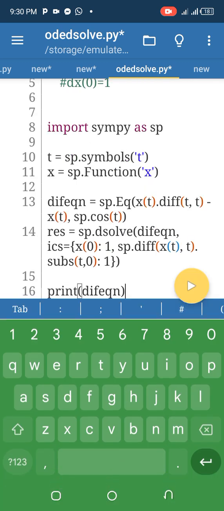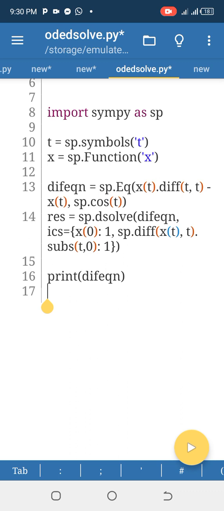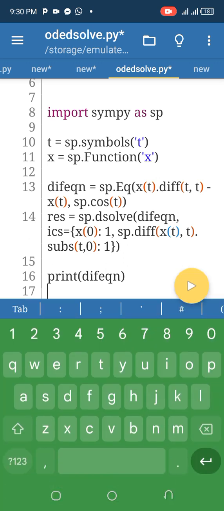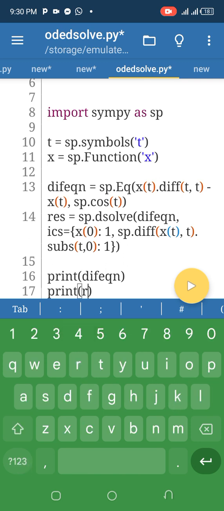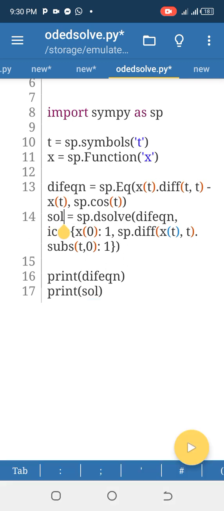So now we want this code to print first of all the differential equation and also print the solution. Maybe we call it solution. So this is result, and we can call it the solution. Having defined everything, let us run.